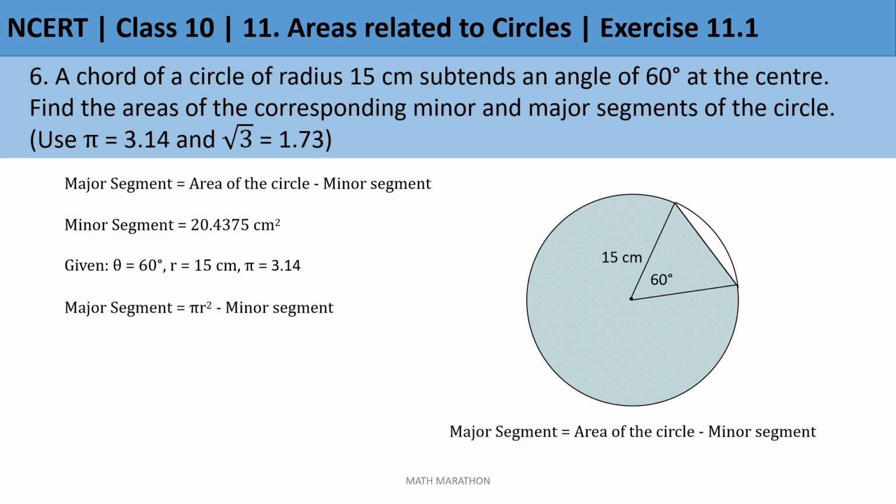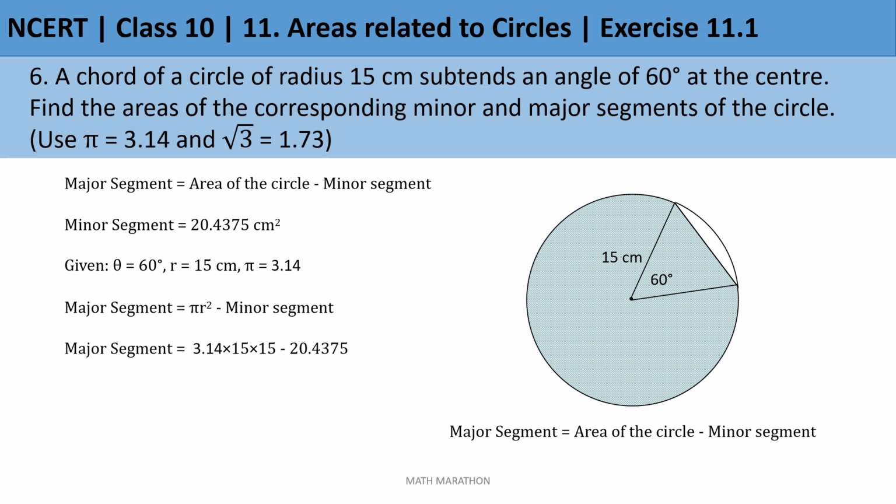Major segment is equal to area of circle, which is pi r square, minus minor segment.